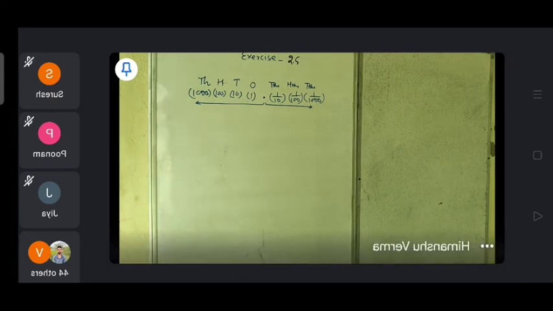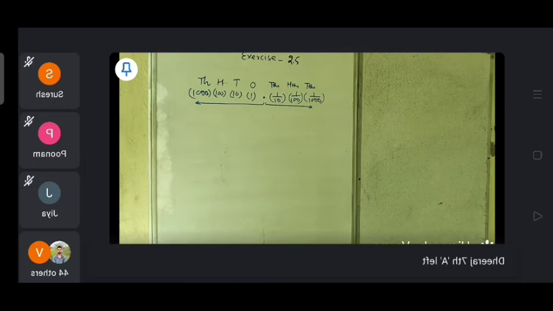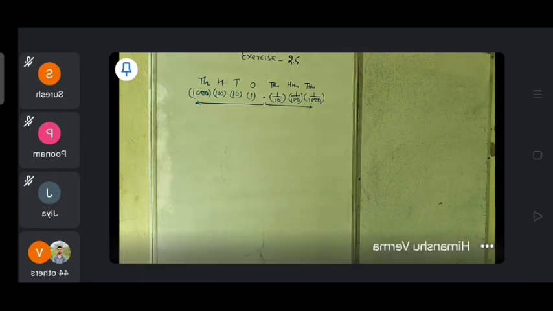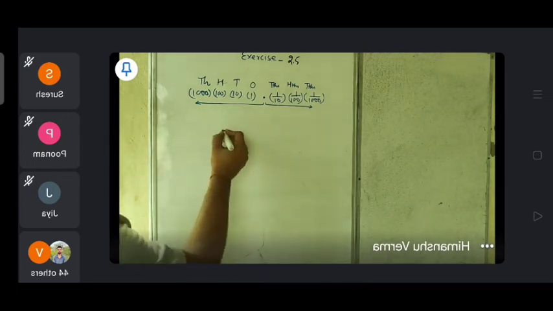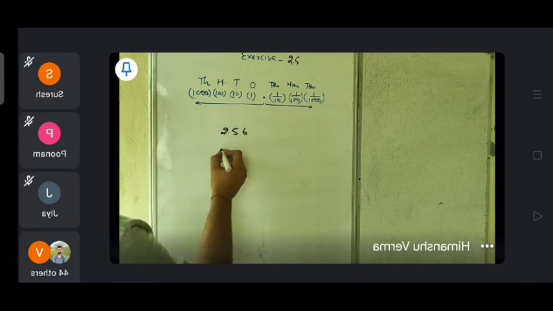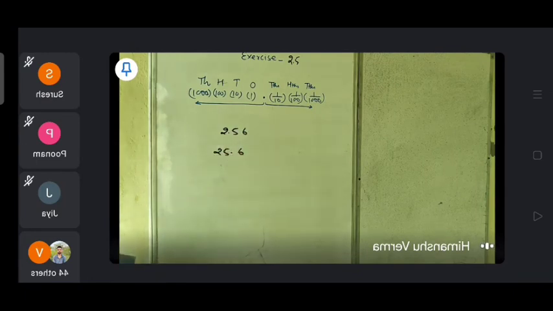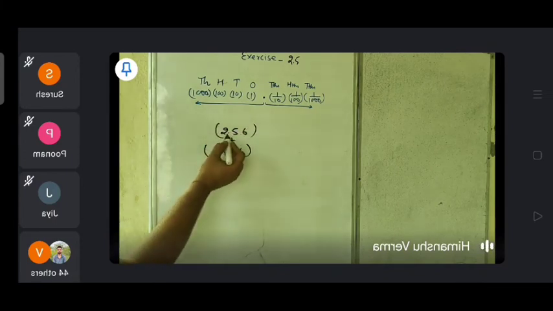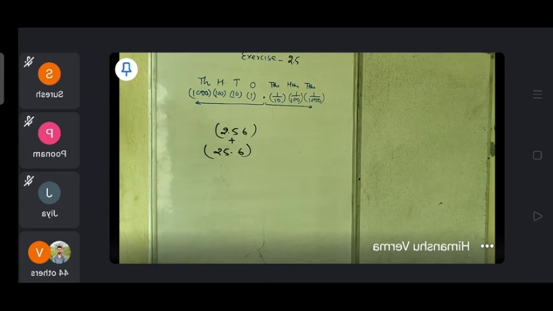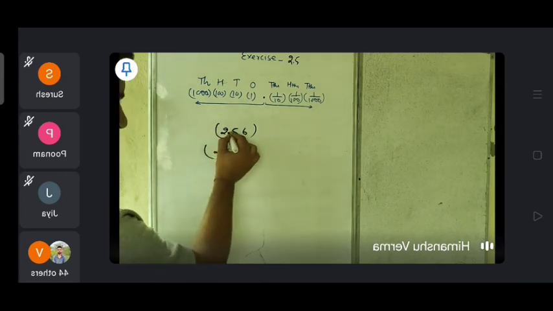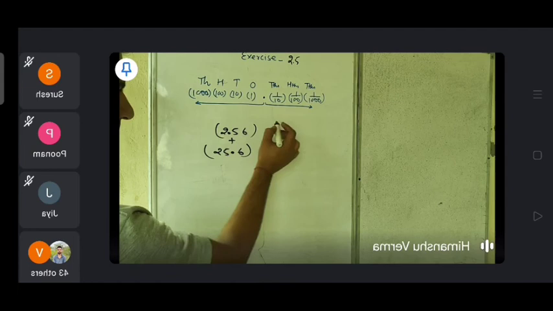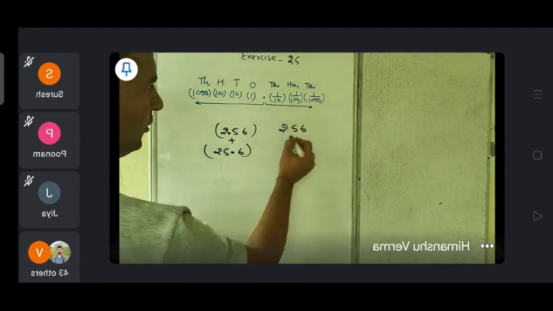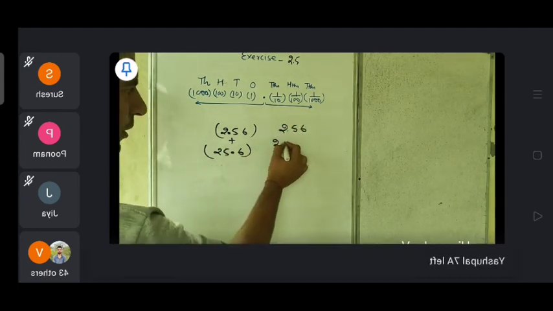Now one more thing about this question is the adding of the numbers. When you are adding two decimal numbers, 2.56 and 25.6, if you want to add these two numbers, their addition should be using this decimal point. You should remember this. Their addition should be like this: 2.56 and 25.6.